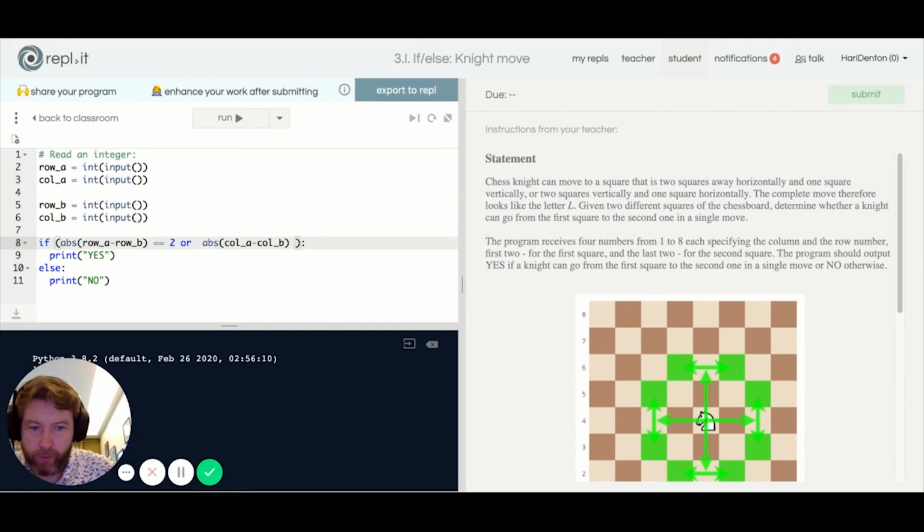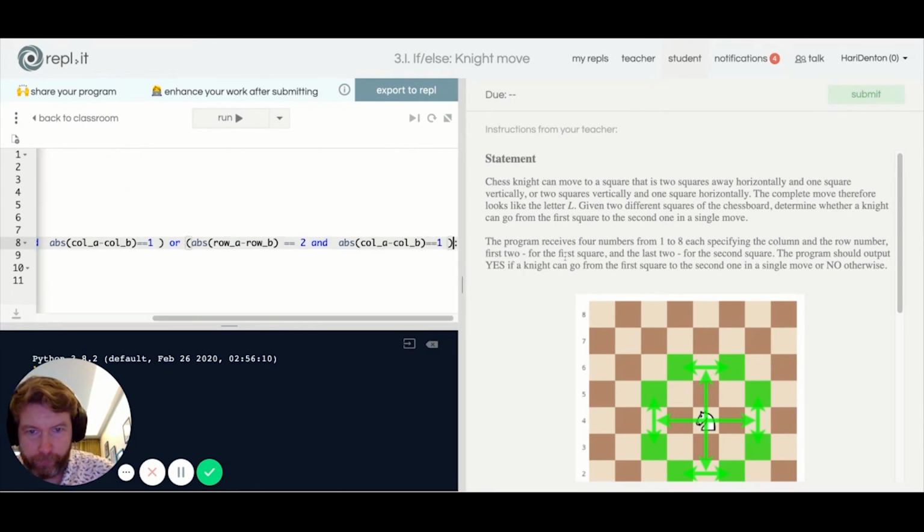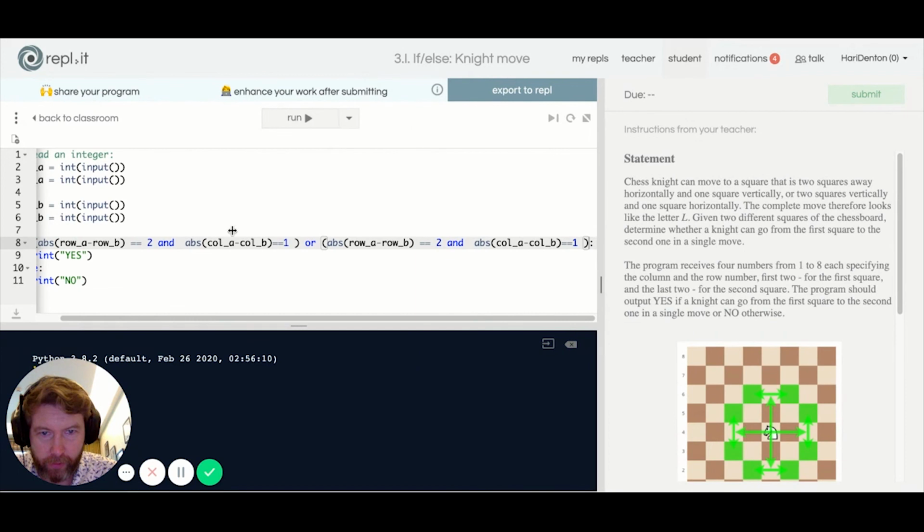So I think I can do that. Or switch those around. So the absolute difference between the rows is 1, and the absolute difference between the columns is 2. Let's see. Yeah, that seems right. Oof. Because the knight can move 2 steps either horizontally or vertically, and then 1 step to the side.